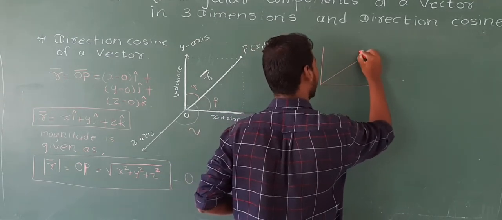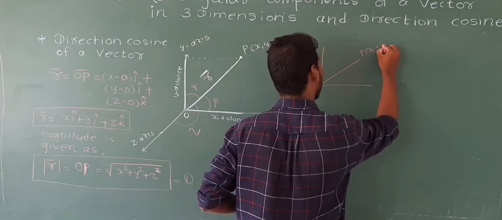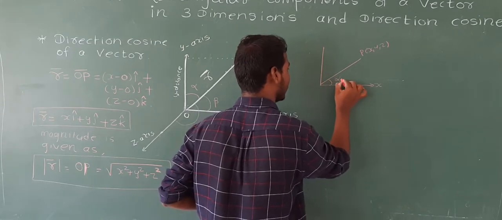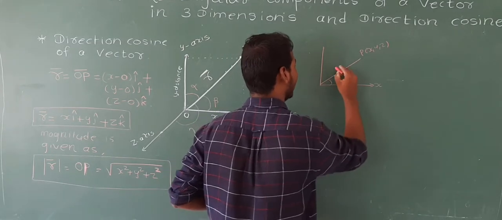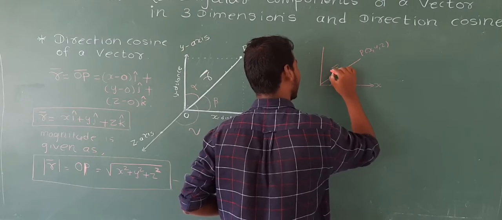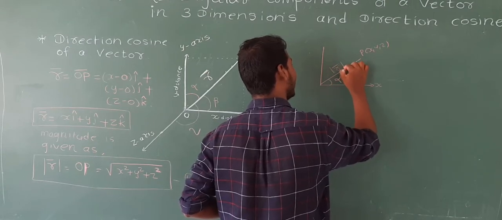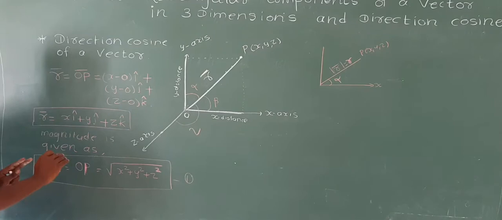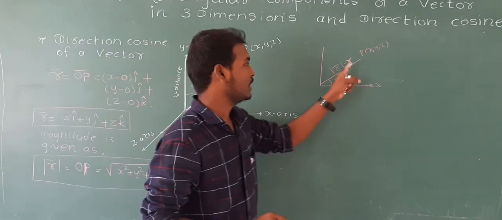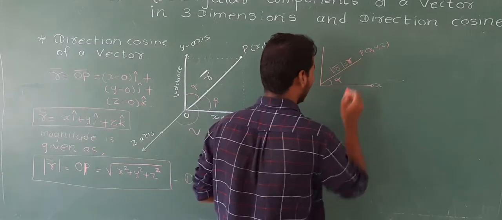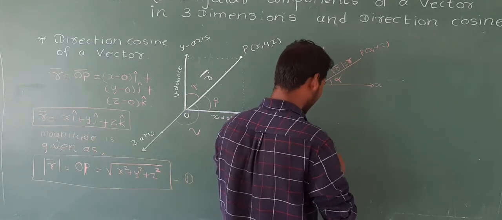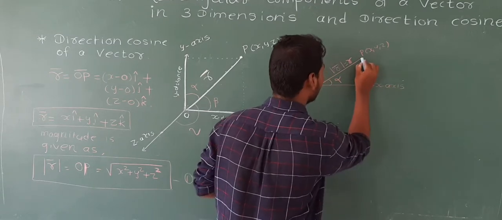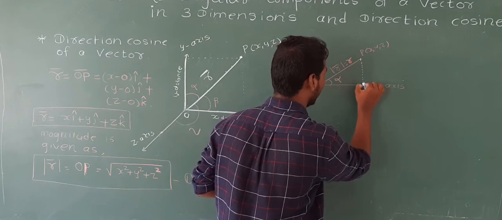This is our point P having coordinates x, y and z. This is our x axis. So here we have alpha. Now you know that this is r bar, and its magnitude is r, because we represent the magnitude of any vector by just showing that symbol. So this is r. Now we will do some geometry here. We will take its projection on the x axis.